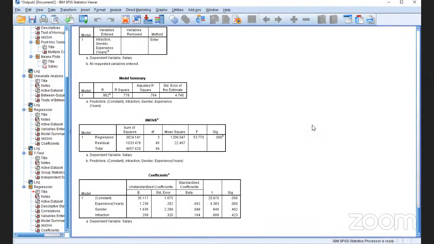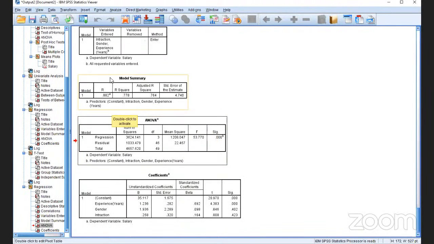Now, through the output, we will check whether there is a significant difference, yes or no. Through this ANOVA table, I am interpreting this table again. In the model summary, multiple R is 0.88 and R square is 0.778, which means 77.8% of the variance is explained by the variables.